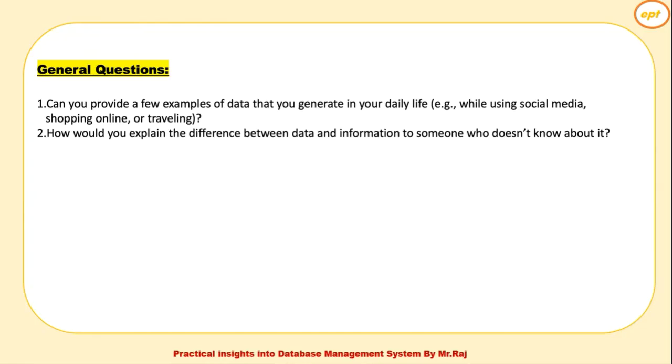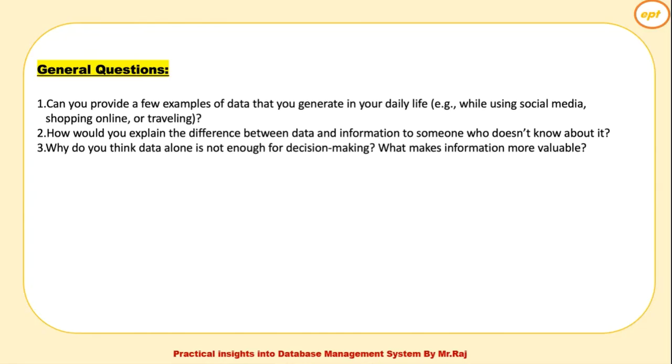And the next very, very important question: why do you think data alone is not enough for business decision making, and what makes information more valuable? It is about clarity, right? I want you to answer these questions in the comment section. First you try to give me an answer in the comment section, and we will then try to give the exact answer.